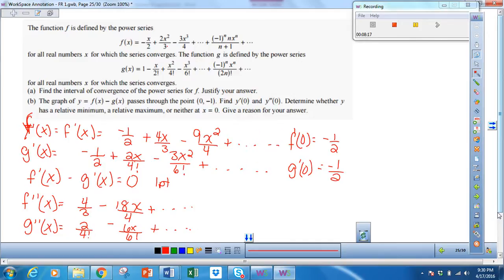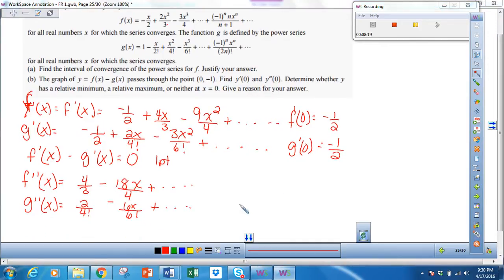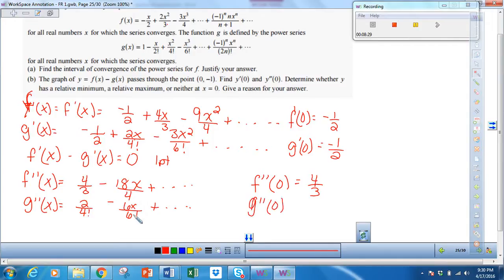And what we see, again, as x goes to 0, f double prime of 0 is 4/3, and g double prime of 0, the rest would go to 0, and I would be left with 2 over 4 factorial, and 4 factorial is 4 times 3 times 2, so 2 over 24, which is 1/12.